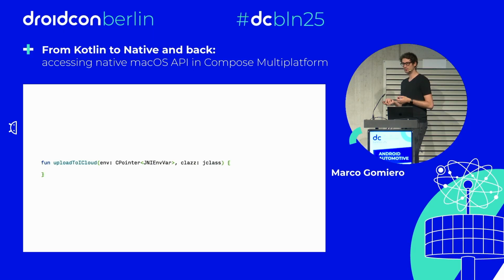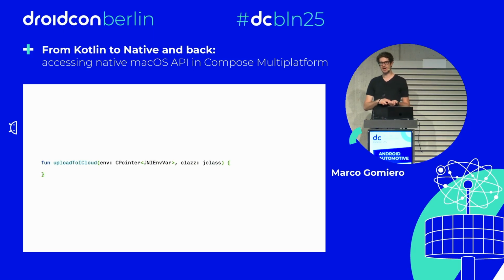Basically, the first one is a pointer to the JNI environment, which is a structure with pointers to the methods that you can use to interact with the JVM inside your code that is not running in the JVM. So, for example, you can instantiate new things, handle exceptions, things like that. There are different things that in this case we don't need at all.